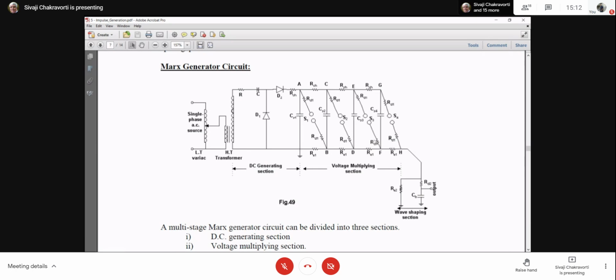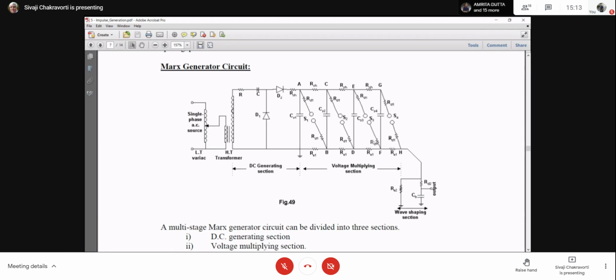Consider that all the four capacitors are charged up to a voltage V, and these gaps S1, S2, S3, S4, we have to trigger sequentially. So what we do is we keep the gap distance D1 for S1, D2 for S2, D3 for S3, and D4 for S4. These are the gap distances.